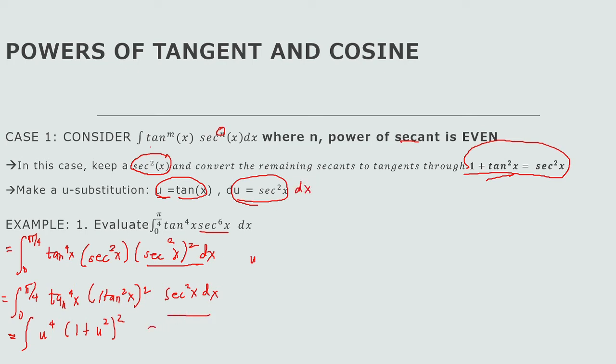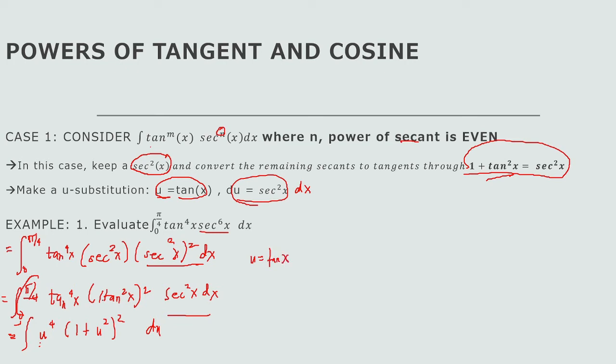So this is the u. Okay? So if you're going to use u substitution, guys, we are going to change the limits here. So for the later part, we will not transform back to 0 to pi over 4. Here, u is equal to tan x, right?